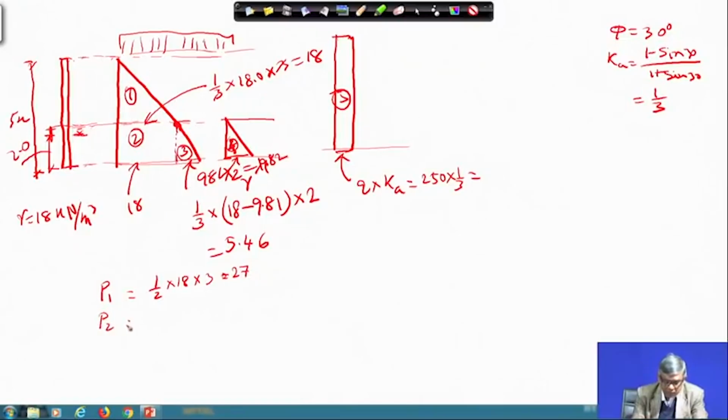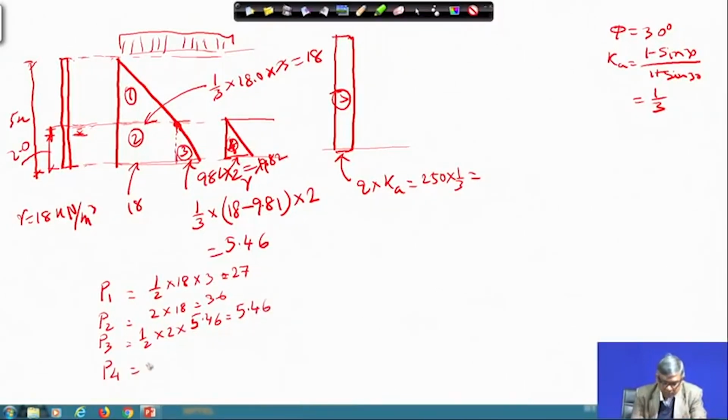P2 will be equal to 2 multiplied by 18, so it will be 36. P3 will be equal to half multiplied by 2 multiplied by 5.46, so P3 is 5.46.